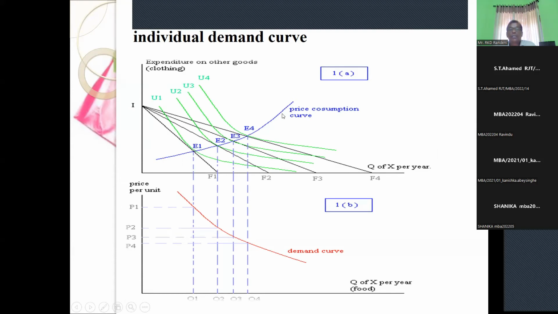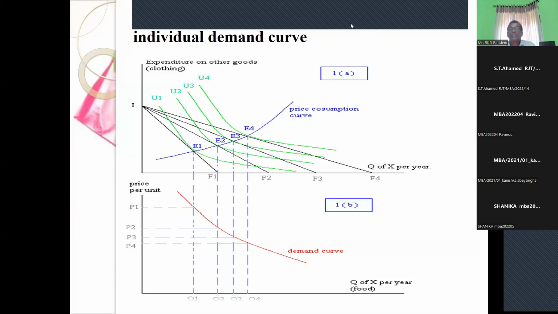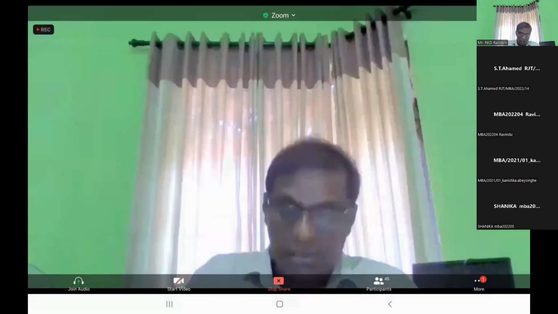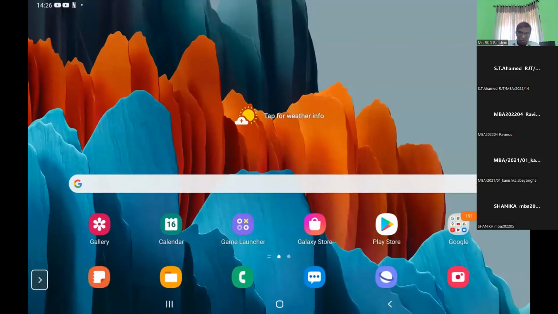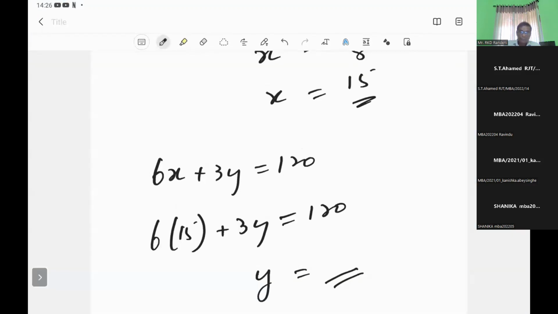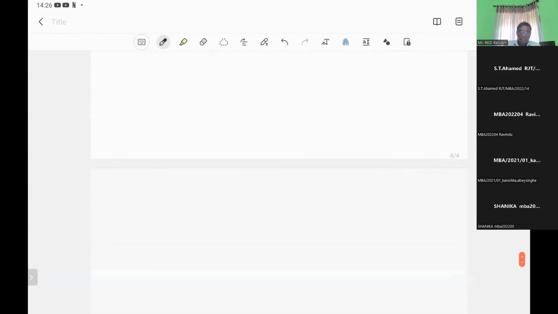Then you can join these points, that is the price consumption curve. By using the PCC, you can derive the demand curve. Right? I will use the board and explain.